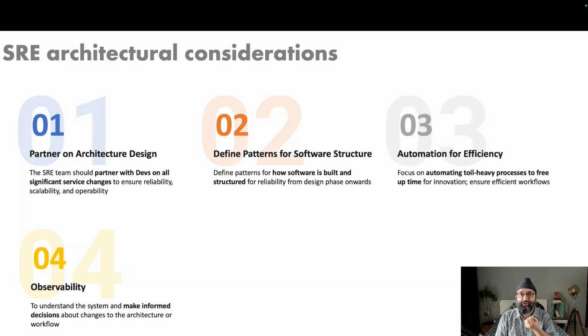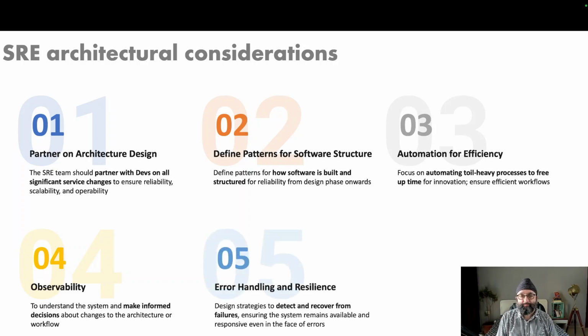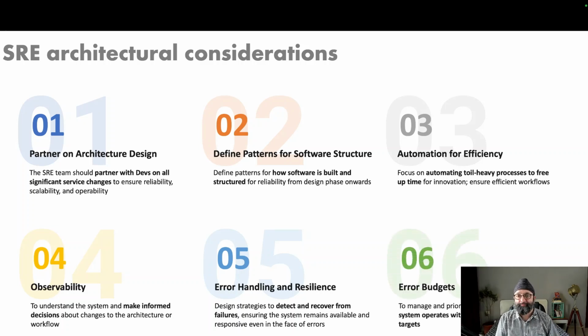And that decision comes from metrics which you have collected across the deployment lifecycle. And then error handling as resilience, because you design strategies to detect and recover from failures, making sure that your system continues to be reliable and responsive even when there are issues underneath it.